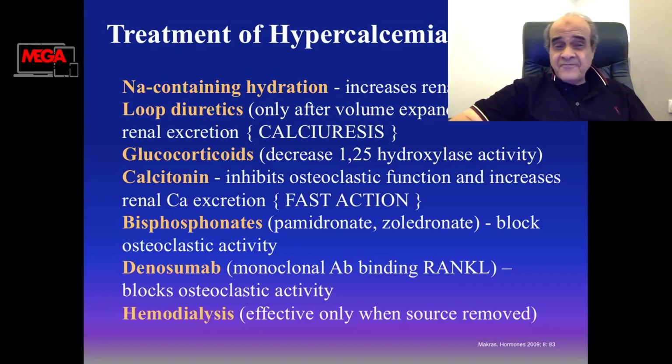Calcitonin effect actually is rapid, inhibits osteoclastic function and increases renal calcium excretion. It is a fast action. Bisphosphonates take time to act, such as pamidronate, ibandronate and zoledronate, and act through RANKL, inhibiting osteoclastic activity. Denosumab, a monoclonal antibody, binds to RANKL and blocks osteoclastic activity. Hemodialysis is effective only when the source is removed.